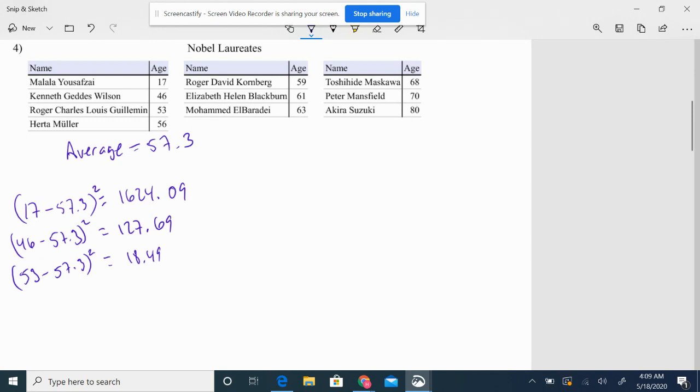For my next number, I get 1.69. For my next number, I get 2.89. For my next number, 61 minus the average, and then square it, I have 13.69.